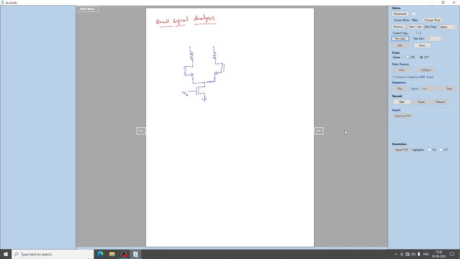So these are both NMOS transistors, RD, and this is VDD, right. So this is Vin1 and Vin2, right. So now what we have done so far, we have discussed Vin common mode, that is the DC voltage, right.